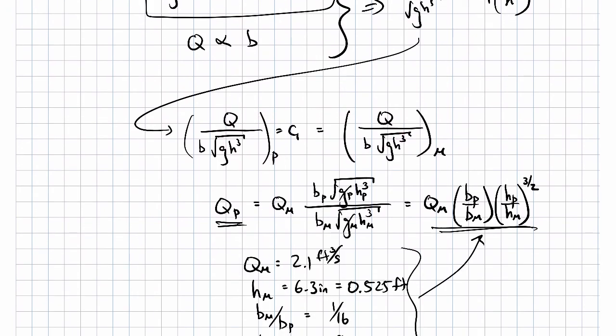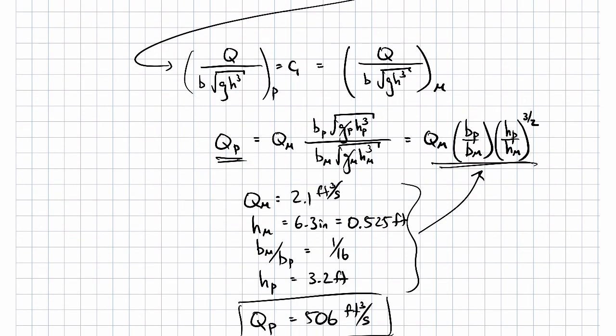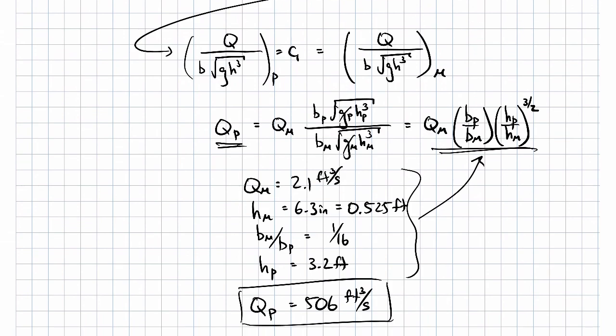Then we just rearranged the equation to get to this point. We had numbers given in the problem statement from our model, knowing also that we have a 1/16 scale model, and then some information from our prototype. We plugged that all in, and we could find the volumetric flow rate in the prototype.